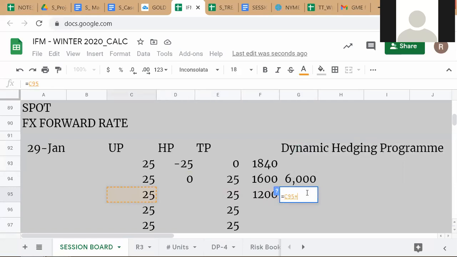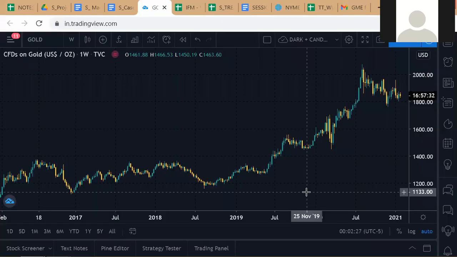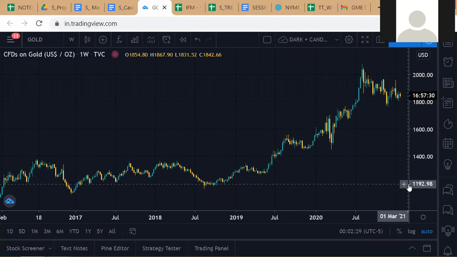25, in this case, underlying position times exit price. Because remember, why is 1200 the exit price? Because there is a continuous mark to market. When the market drops to 1200, the underlying position is going to be marked to market at 1200. The accountant is sitting there, he's always going to apply the market price.